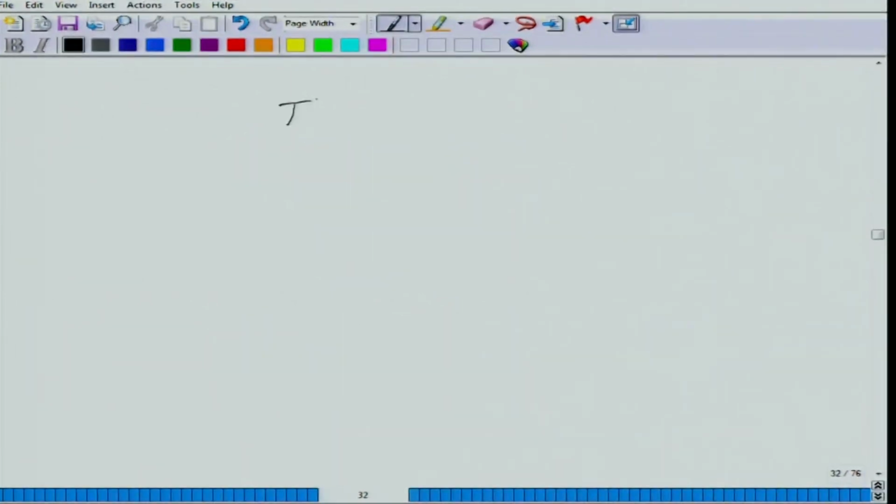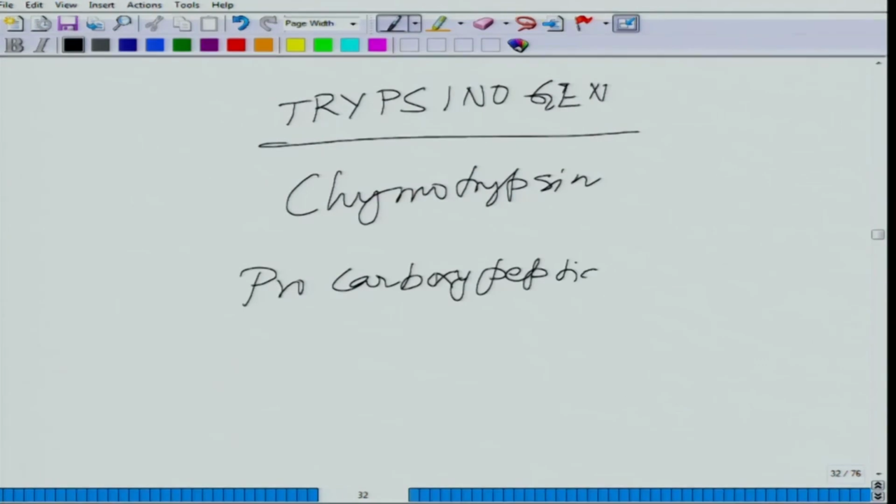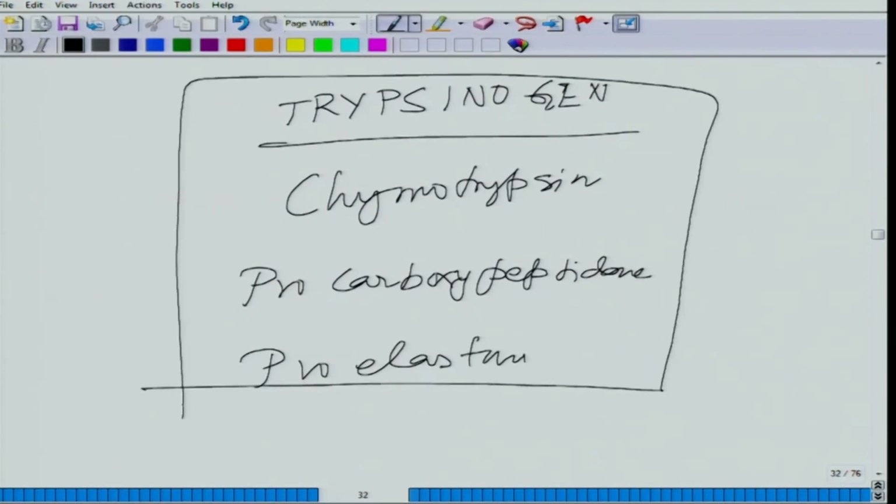So, one is trypsinogen, chymotrypsin, procarboxypeptidase, proelastase, and these are a series of additional enzymes which are secreted under the major class of the one which will be breaking down all the different proteins.